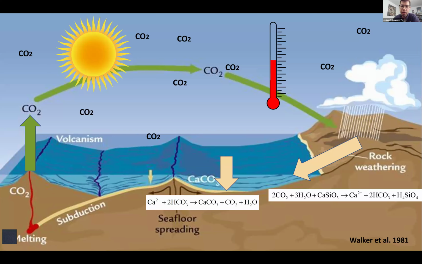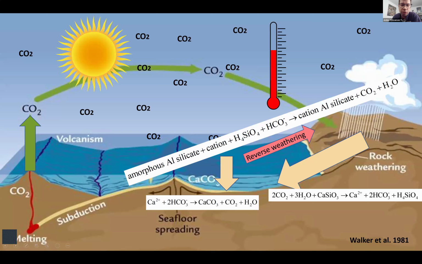But if you have a situation where you've got weathered silicates, so cation-poor amorphous aluminum silicates, a lot of cations in solution, and a lot of dissolved silica, then the back reaction can occur, where you take bicarbonate in solution and reform CO2, removing that alkalinity from solution. And this is a generic form of that reaction.